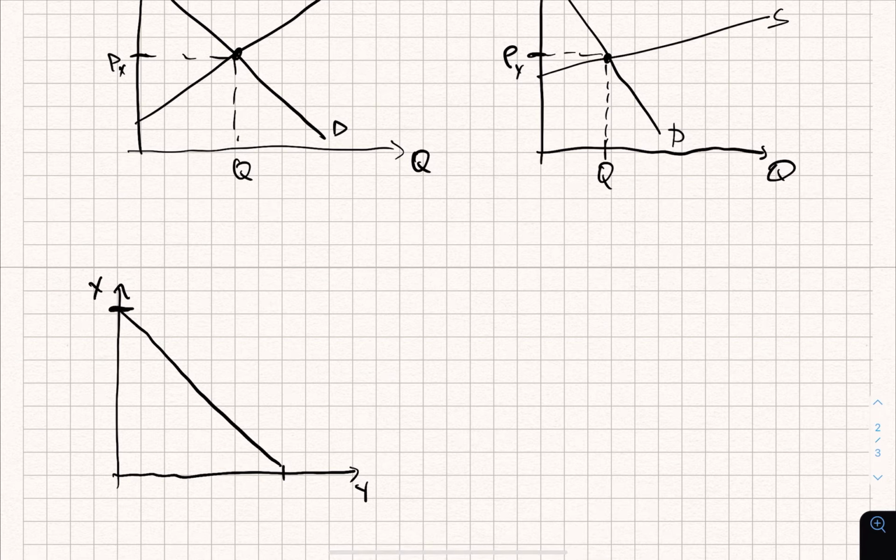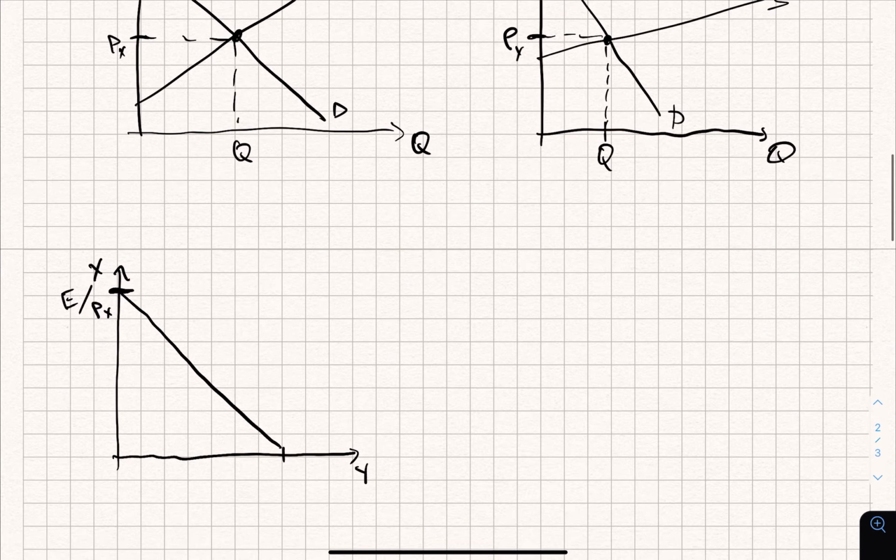So our intercept here is our income. Let's call this expenditure, E, since we've already defined Y. So we have our expenditure divided by the price of X as the intercept. And down here we have our expenditure divided by the price of Y.